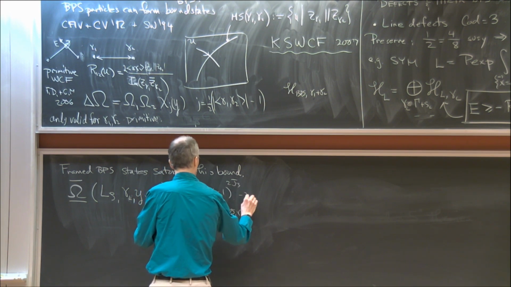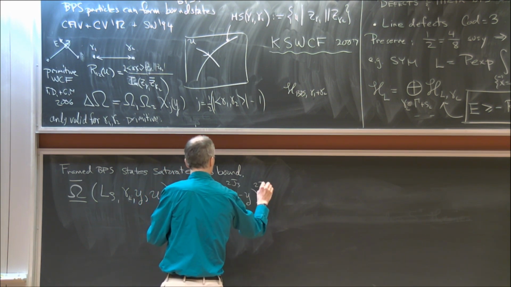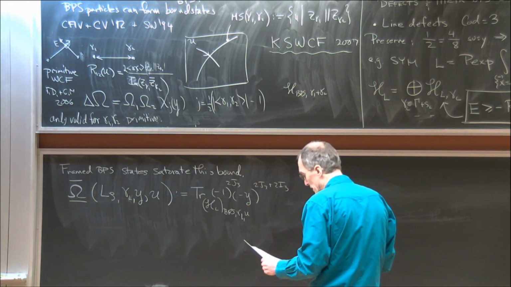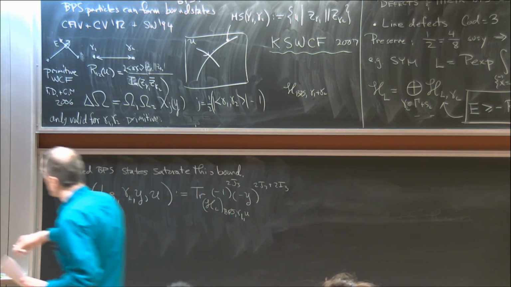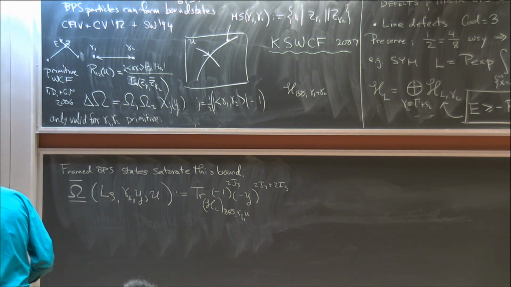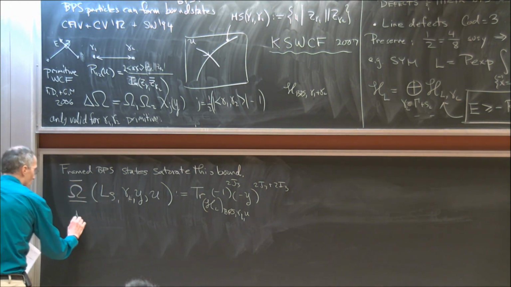It's again a Witten index, minus Y to the 2J3 plus 2I3. And because the line defect breaks the translation symmetry, we don't have all this nonsense with the insertion of 2J3.